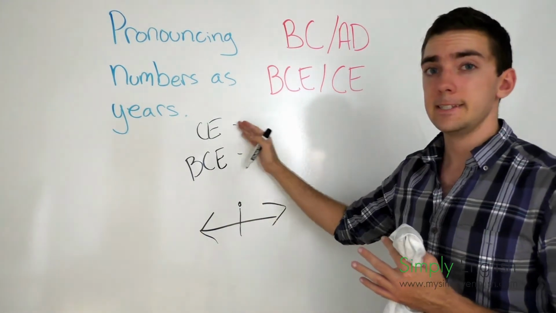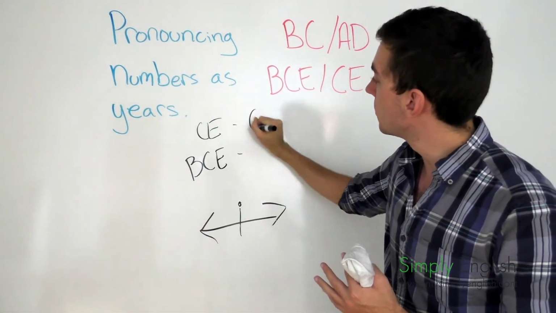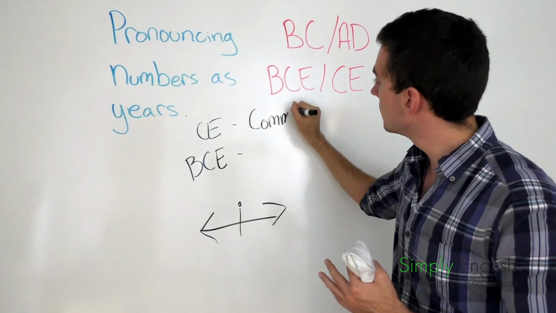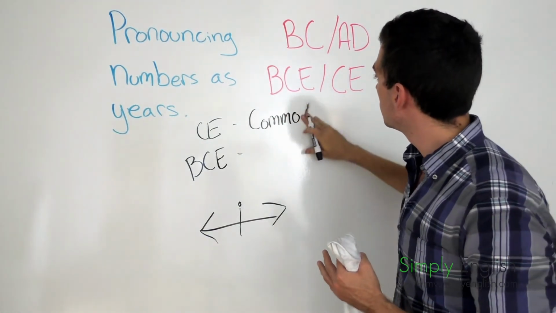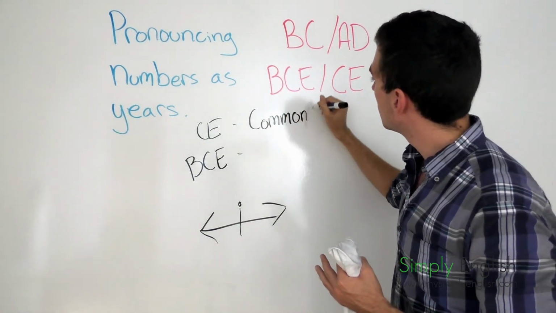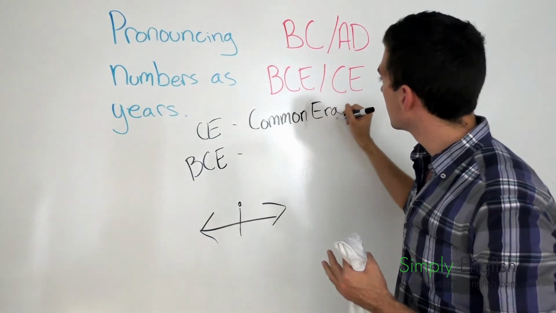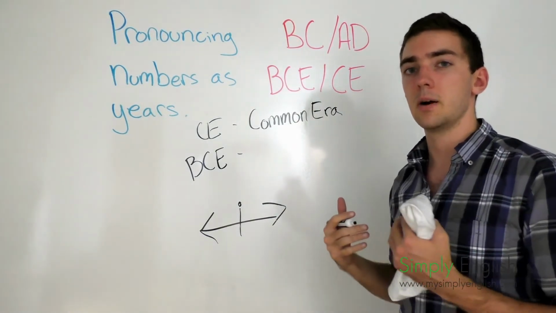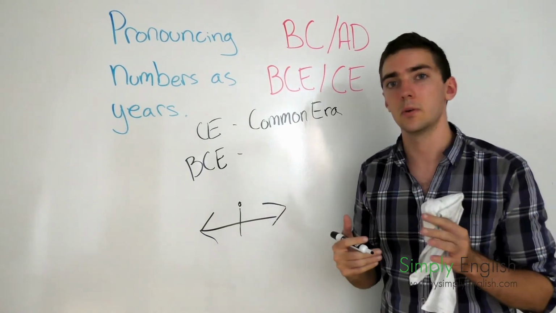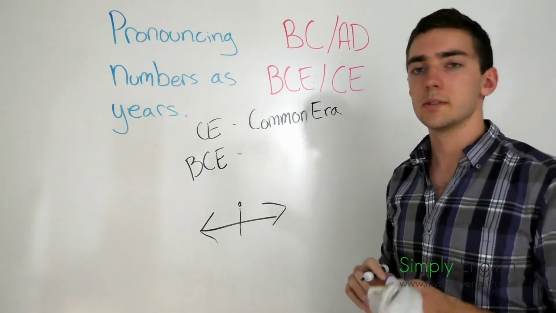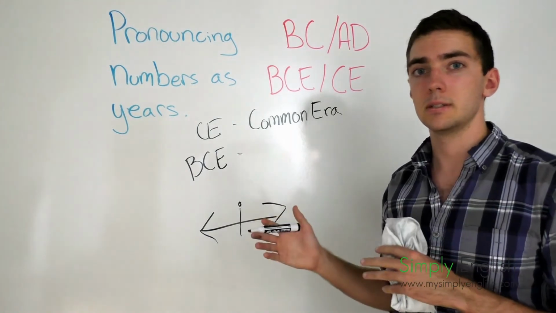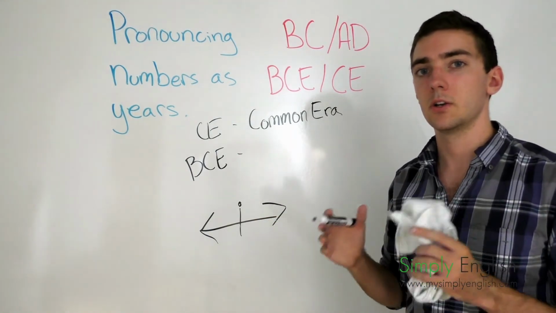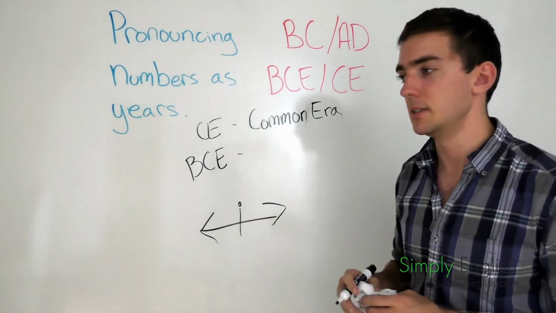So, CE stands for Common Era. And the Common Era is the time period that we live in today. We are, at the time of this video, it is currently 2015 CE, or Common Era, 2015 CE, okay?